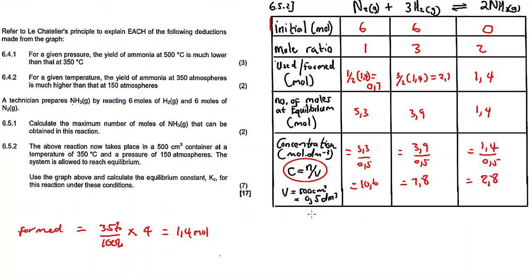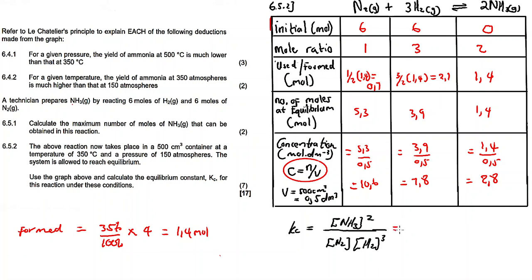So therefore now we calculate our Kc value. We now have the concentrations for our reactants as well as the product. Now for the Kc value: Kc is equal to the concentration of the products divided by the product of the concentrations of our reactants.